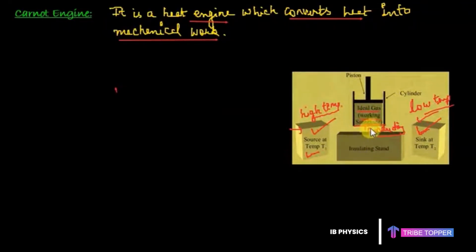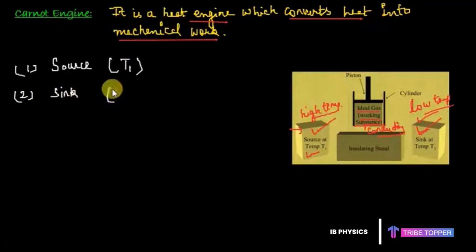So these are the essential parts. I would just write them down. The first important part is your source. We call it the source of heat, and it is maintained at a temperature T1. The second important part is a sink, which is maintained at a temperature T2, and of course T1 is greater than T2, with infinite thermal capacities for both of them.